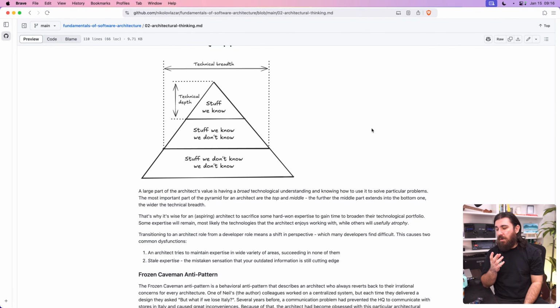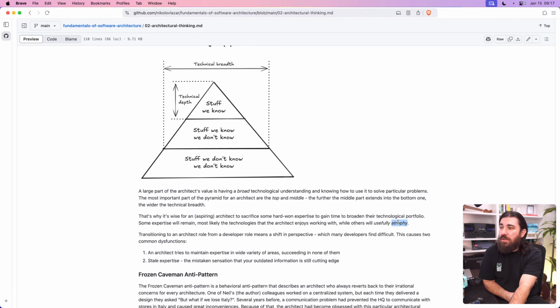For example, if you are passionate about front-end and CSS, those things will remain. You will remain an expert in those things because you will practice them. You like building UIs. But you're also focusing on broadening your technical portfolio.